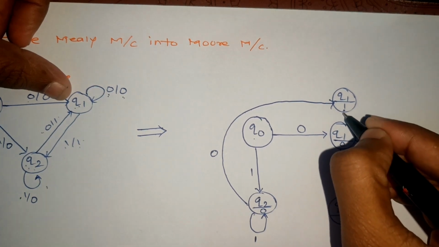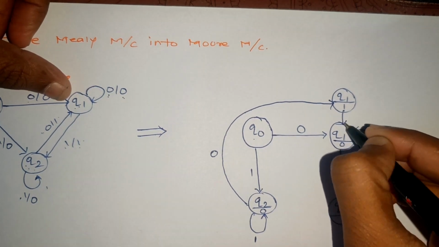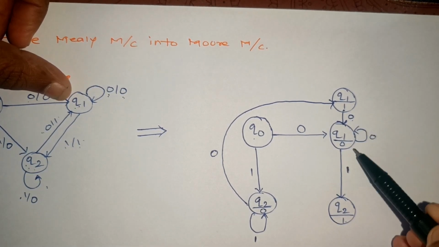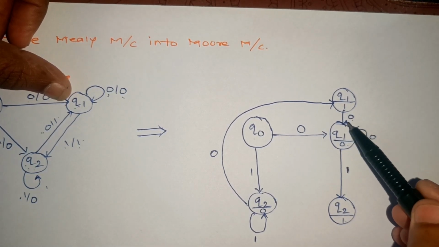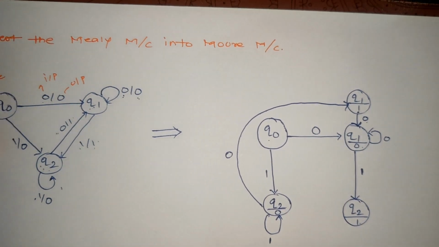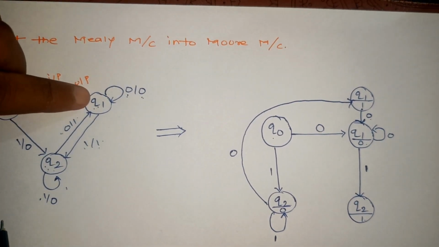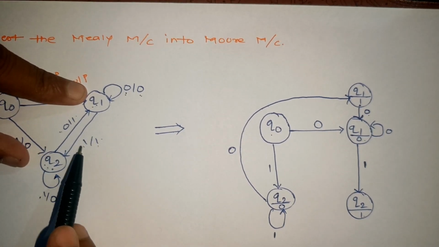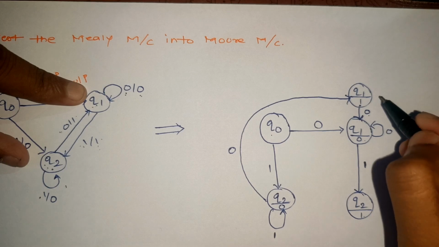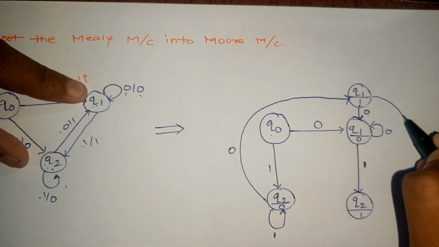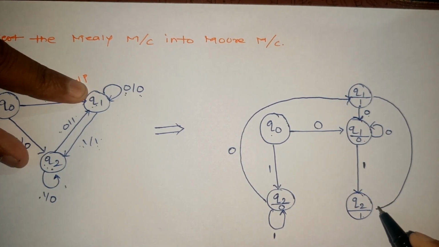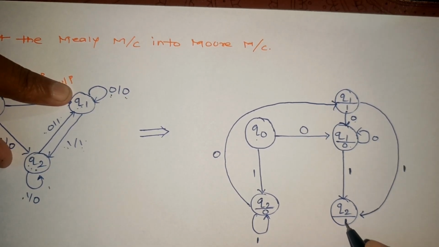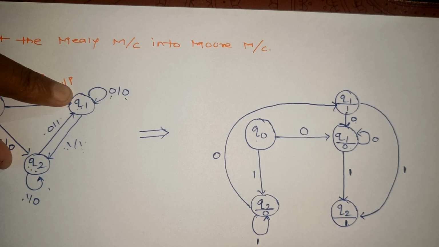So we can write for this one also Q1's next state is Q1 itself provided that इनपुट 0 है और आउटपुट 0. तो ये हो जाएगा इसका मैपिंग. Second, when input is 1 you can see Q1's next state is Q2 with input 1, output 1. So this is satisfied. तो ये तो हो गया Q1 का.